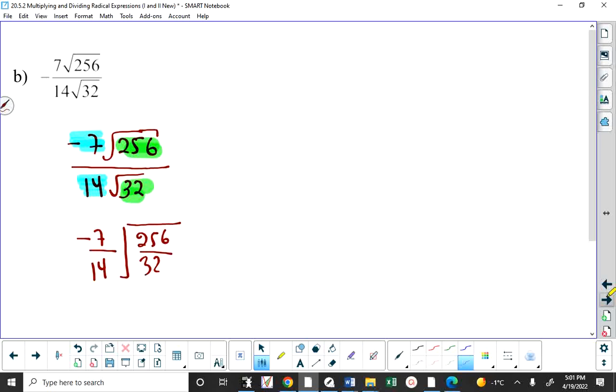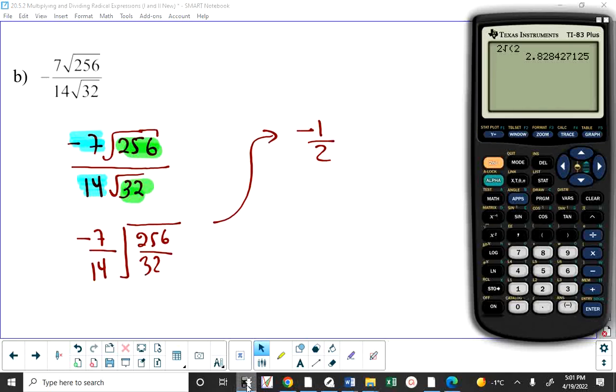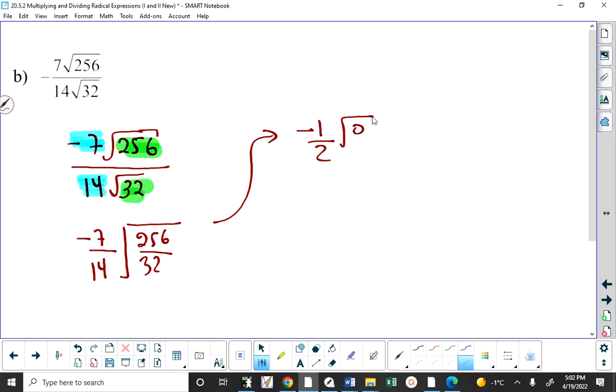Negative 7 over 14 reduces to negative 1/2. We need to simplify what 256 divided by 32 is. I'm pretty sure that that is going to be a whole number. 8 again. So we're left with another root 8, which we see quite often. So this becomes negative 1 over 2 root 8.